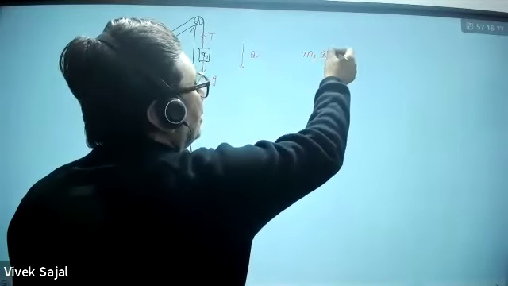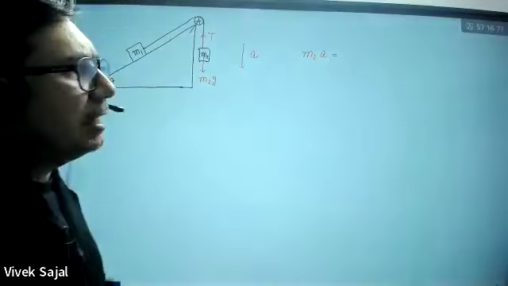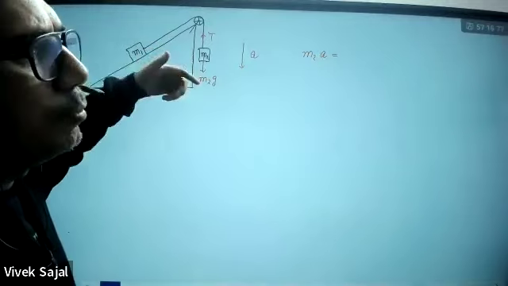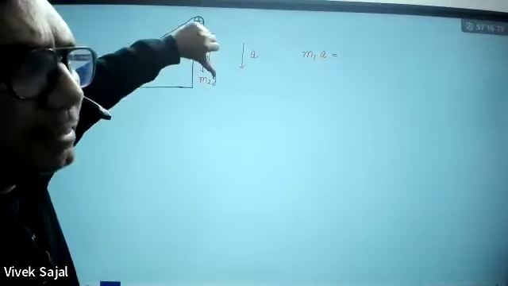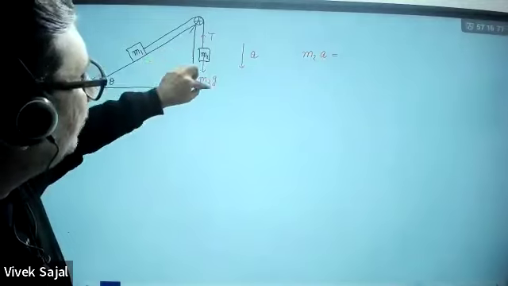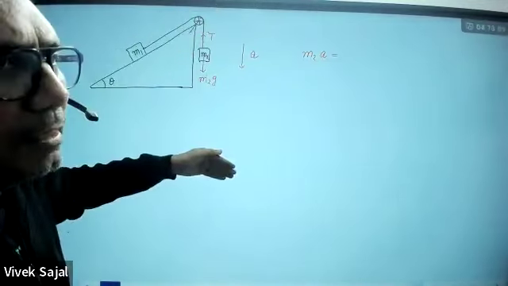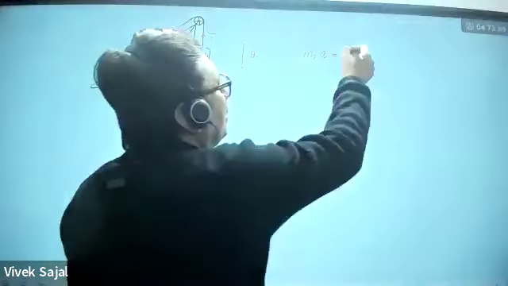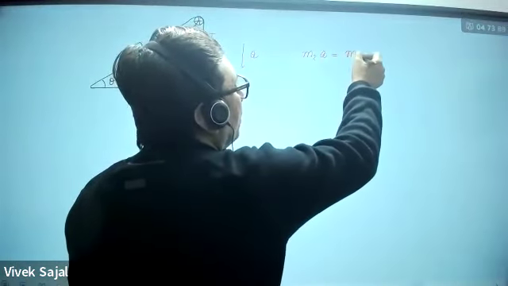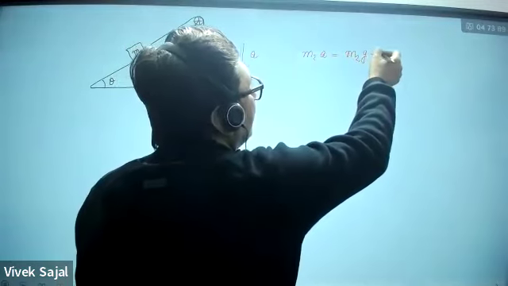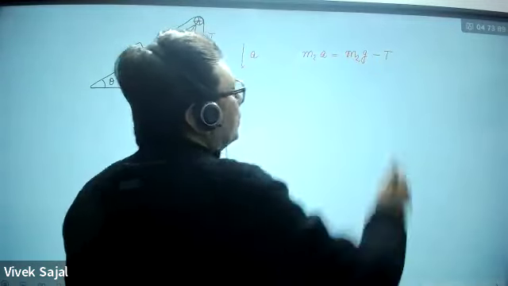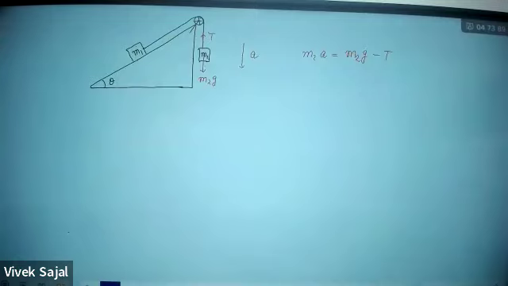So M2a, in which direction force would be more, so that net acceleration is in the downward direction. So this M2g should be more as compared to T, only then it will move in the downward direction. So this will be M2g minus T. T is in the opposite direction. This is the first equation.